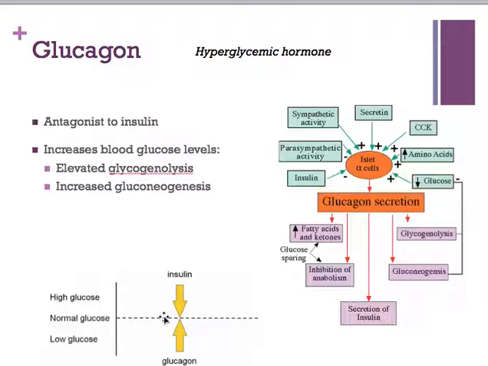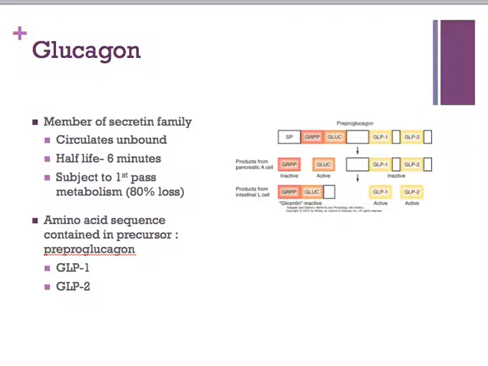Instead, what glucagon does is raise blood sugar levels by liberating stored glucose, which is stored as glycogen, in its sources. So when glucagon is released, glycogenolysis goes up, so glycogen is broken down, and gluconeogenesis increases, so new creation of glucose so that we can continue to tap those stores.